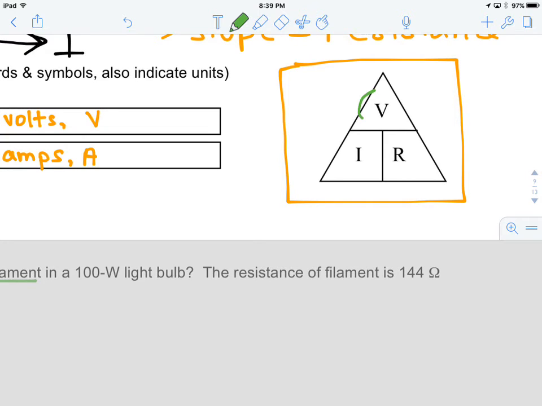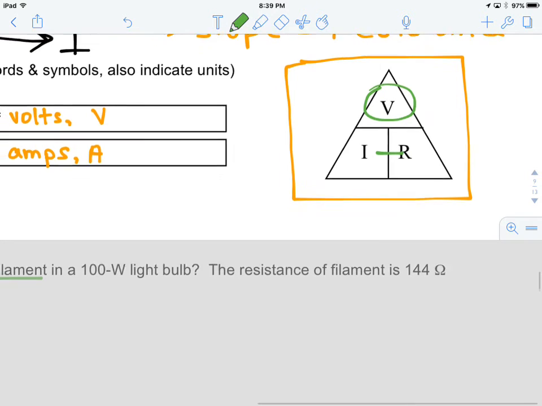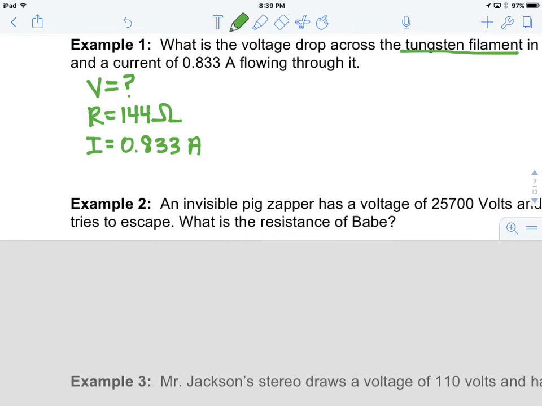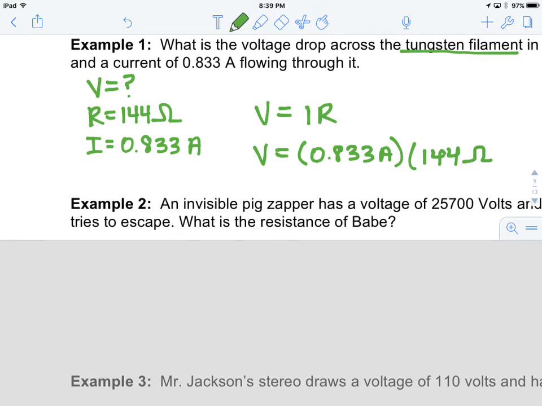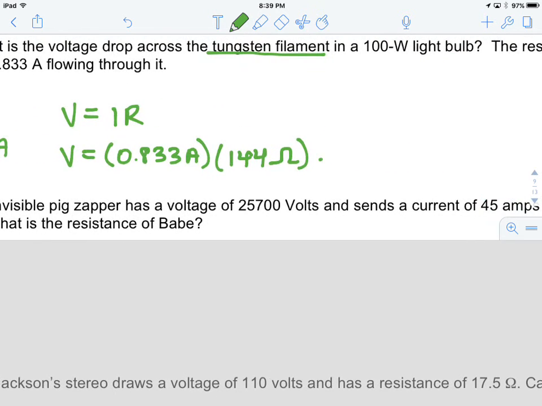Because we want to know voltage, we can come up here and say, well, if we want to know what voltage is, V is equal to I times R. That's our formula that we're going to use. So now we can substitute 0.833 amps times 144 ohms. And we'll do a quick calculation using your calculators.